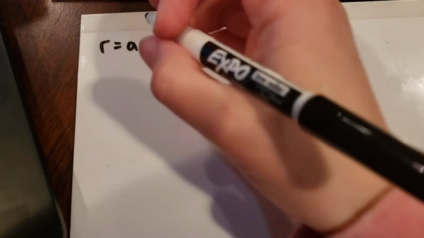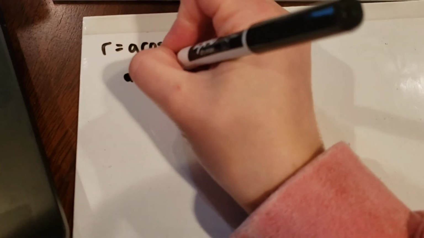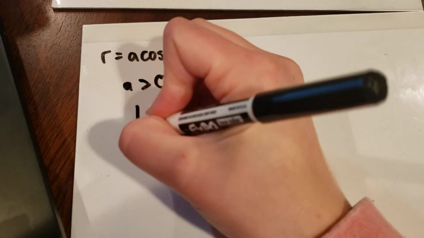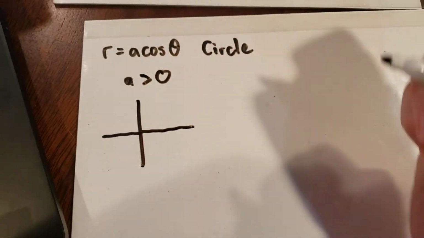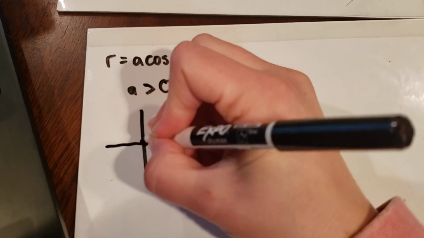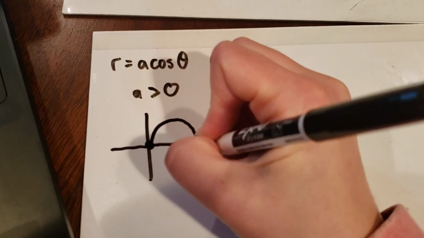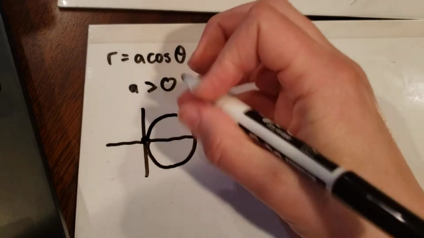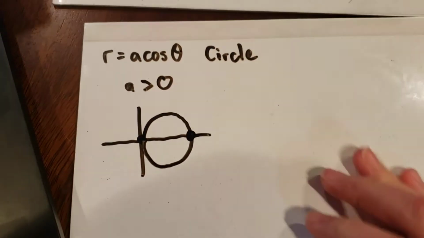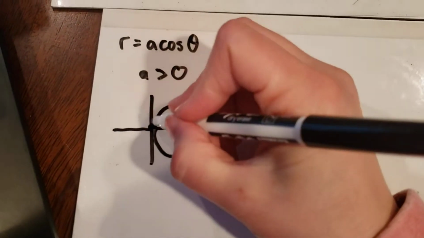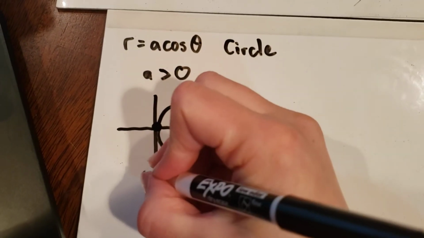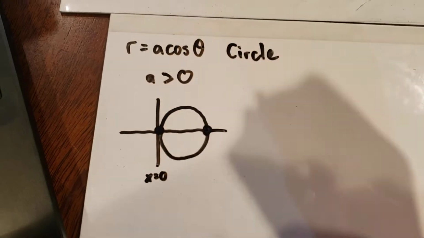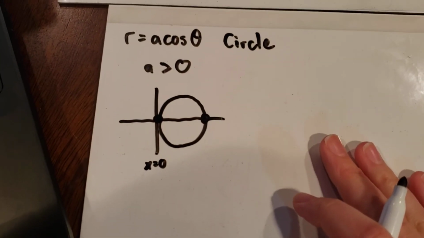If a is greater than 0, you're going to have a circle that opens to the right and is tangent to the vertical line x equals 0.